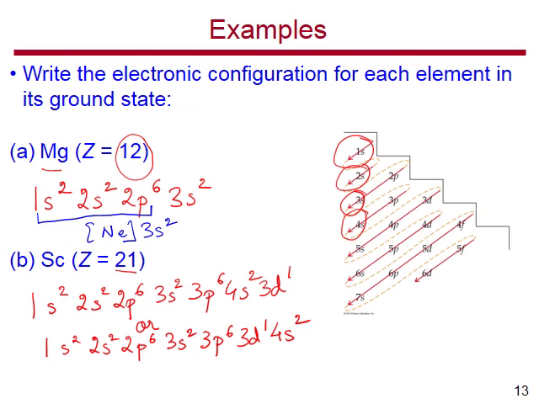Alright, let's do the same for scandium. For scandium, the electron configuration of the subshells up to 3p represents that of argon. So we are going to write this down as [Ar] 3d1 4s2.